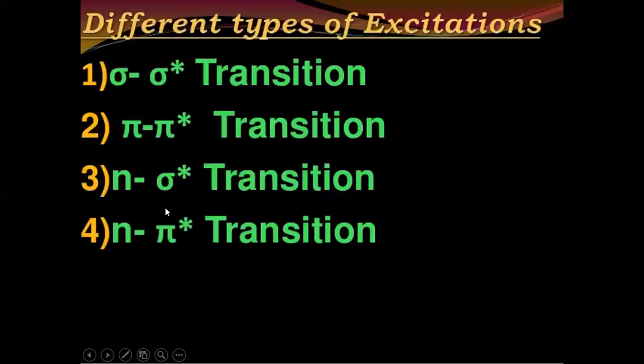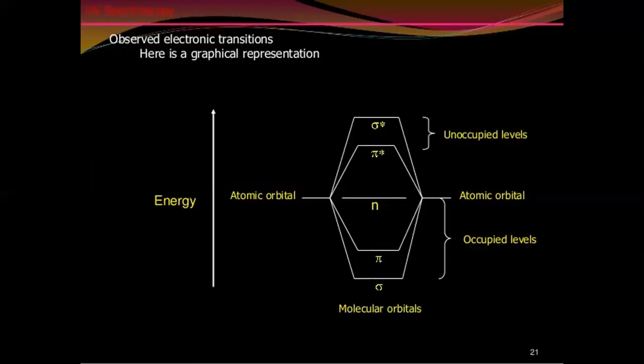Now, coming to the next one, the n to sigma star transition. The compounds containing non-bonding electrons generally show this type of transition.